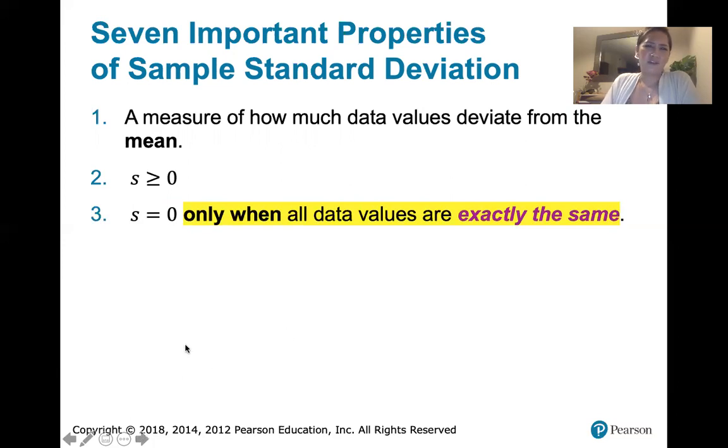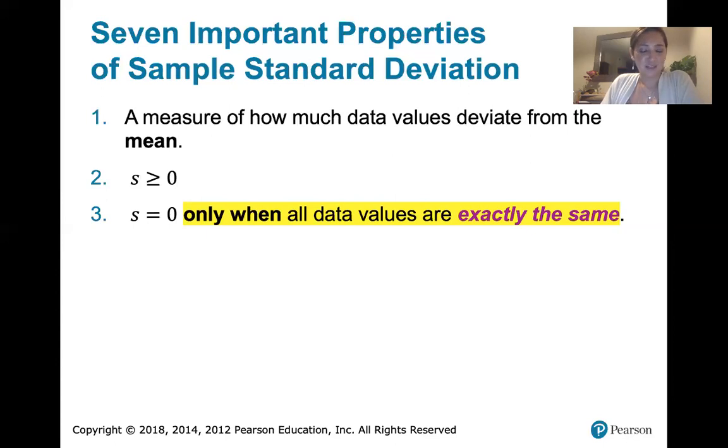And also, if you think about the definition, if all the data values are exactly the same, well, what's the average of 5 100s? Your average would be 100 if you got 5 100s. Of course, I'm using average in the way that Mr. Triola doesn't like, but you get the idea. If you have a bunch of values that are all identical, the mean is the same as the value itself.